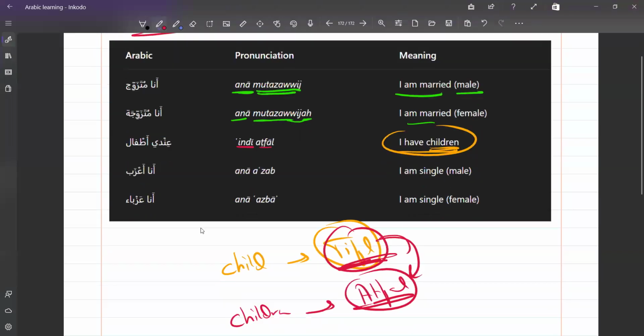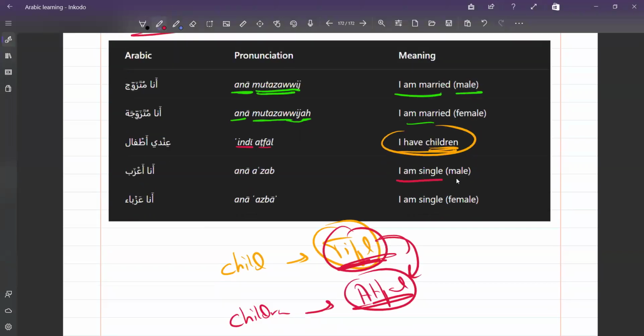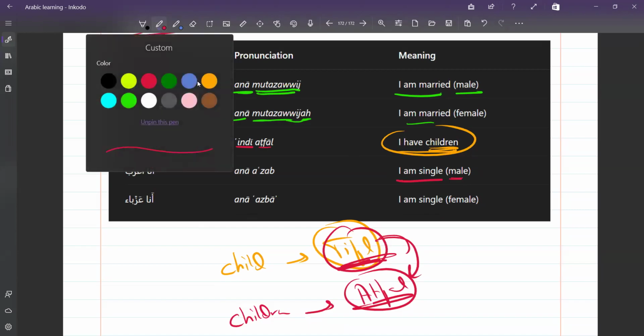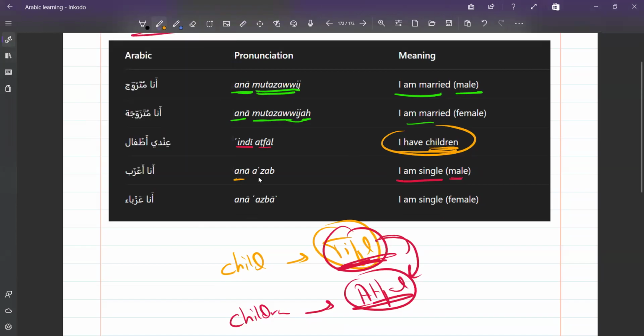And if somebody wants to say I am single, like he's a male and he wants to say I am single, he would say ana a'zab. And for a female, ana a'zaba, sorry. Ana a'zab is for a male and ana a'zaba is for a female.